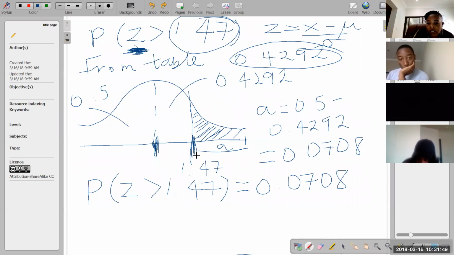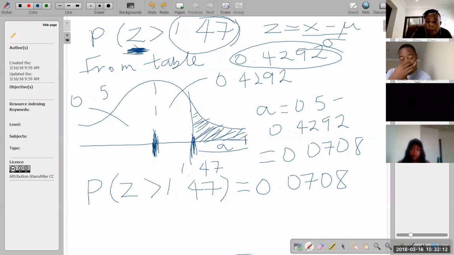Then you draw your graph to see where you stand. This is 1.47, and we need the area greater than, which is this shaded area. But from the table, we got 0.4292. So definitely the area from this table is from this middle point, 0. Remember we said the graph is symmetrical. So half of this is 0.5, half of this is 0.5.